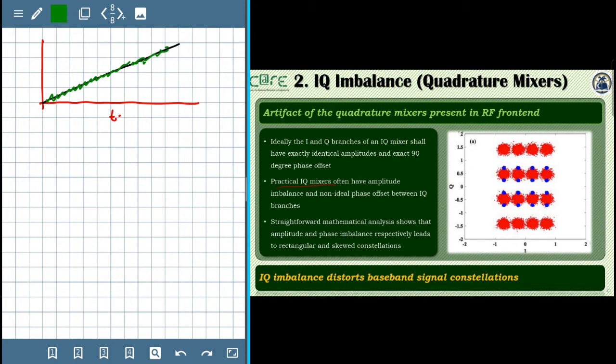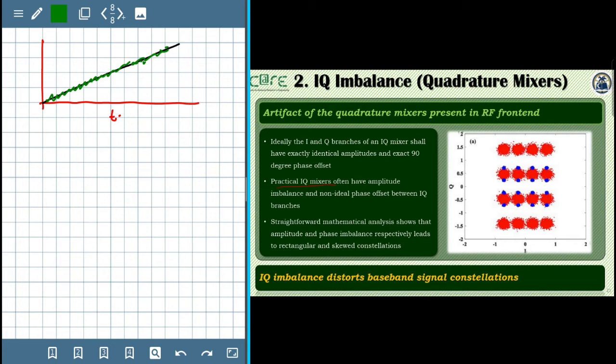So that is the reason whenever there is a variable local oscillator and the quadrature mixer needs to operate on a wide range of frequencies, the amplitude imbalance and the non-ideal phase offset do arise, and it leads to imperfections.